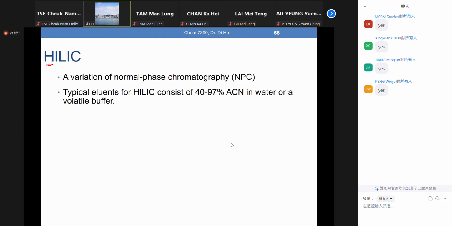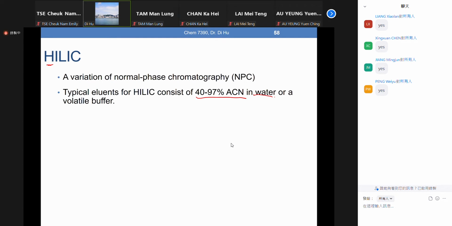And the typical eluent for HILIC consists of 40 to 97% of ACN in water, and can also include volatile buffer. What does this remind you of? This is the mobile phase for what kind of chromatography?